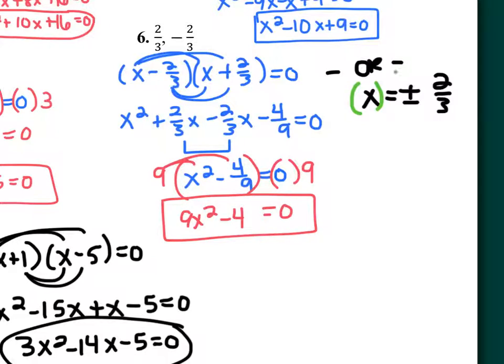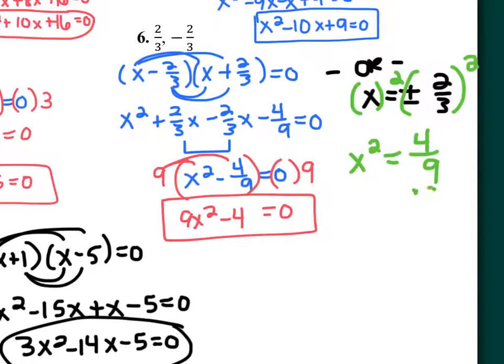If I square both sides, it's going to get rid of that plus or minus, because positive squared would be positive, negative squared would be positive. So we get rid of the plus or minus sign. We still have to square 2/3, which is 4/9 equal to x squared. And then we're back at this part right here.